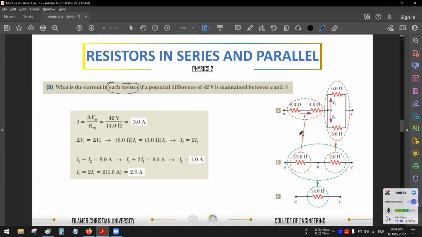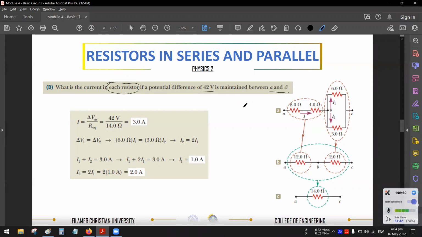So, yung equivalent circuit natin dito, 'di ba? We have 4 resistors, 'di ba? So, yung R equivalent natin, yung total equivalent natin is just 8 plus 4 plus 2. 'Di ba? Which is 8 plus 4 which is 12. Kasi yung hinahanap natin is between A and C. So let's say meron tayong voltage source na 42 volts.